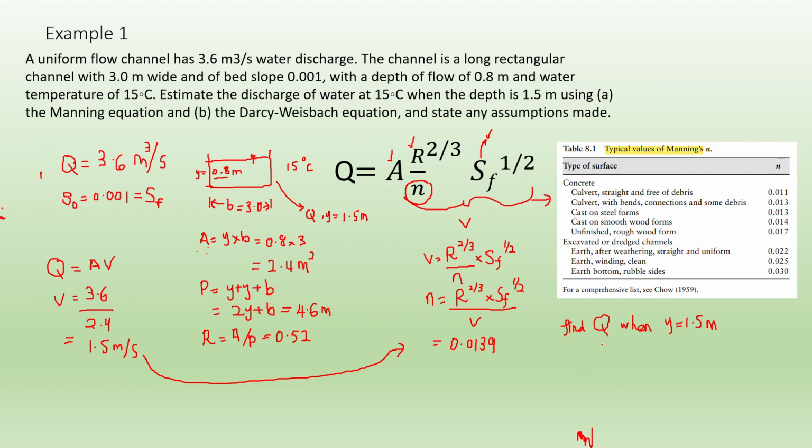You can calculate A, you can calculate R, and you know your N value from the previous answer, and you know your SF. Then you can find Q according to Manning's equation, which is equal to 8.54 cubic meter per second.